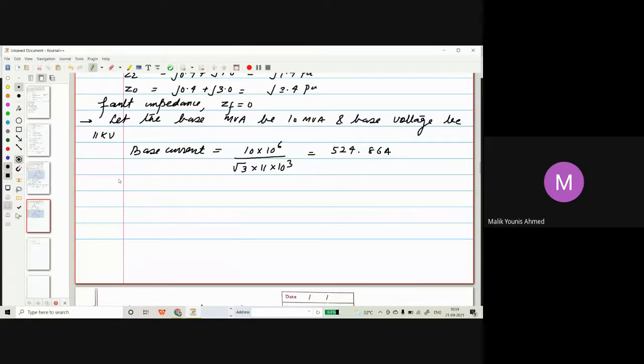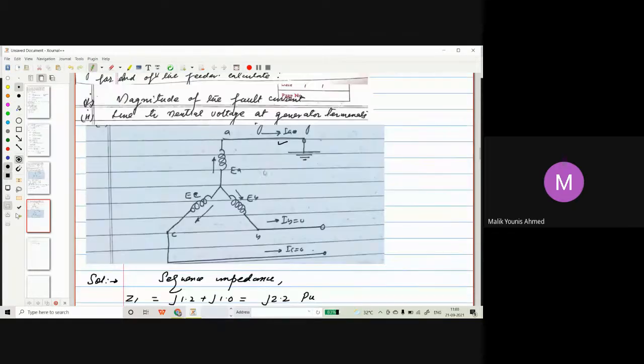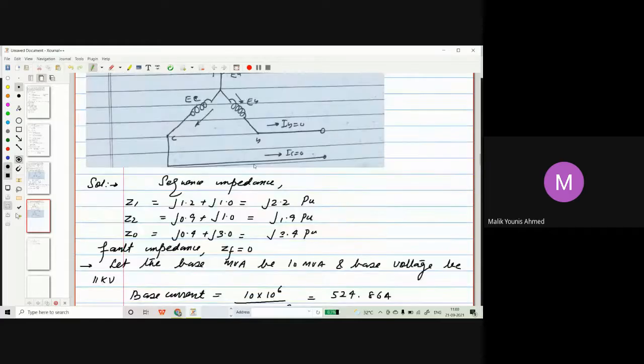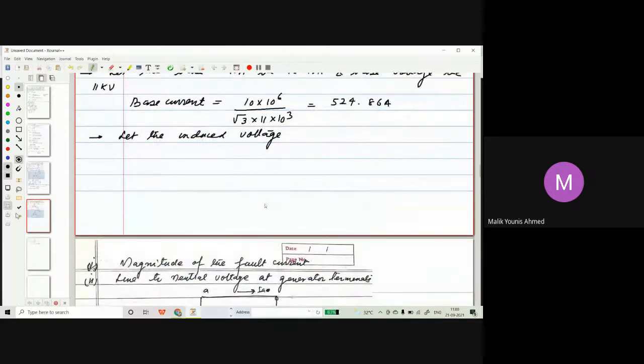Next, let the induced voltage in phase A, line to neutral, be 1 per unit. We are talking about the induced phase voltage in phase A. Line to neutral means phase voltage.